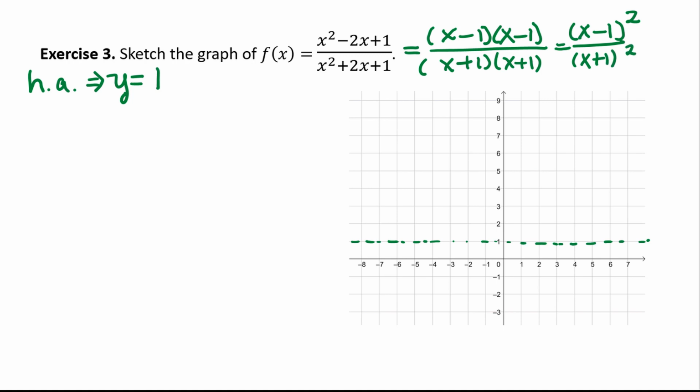The vertical asymptote consists of the x values that cause the function to be undefined. So in this instance, the vertical asymptote is the vertical line x equals, what makes x plus 1 equal to 0? Negative 1. So let's go ahead and sketch that vertical asymptote in place. So we have vertical asymptote and horizontal asymptote.